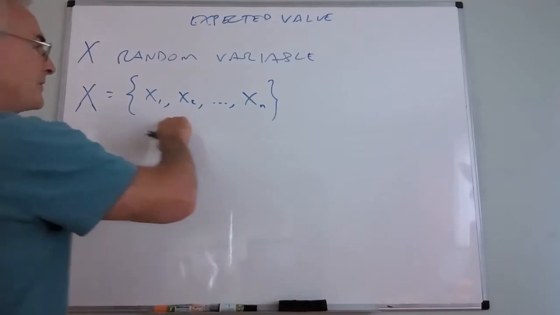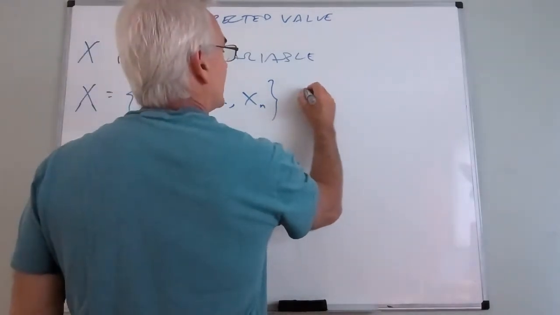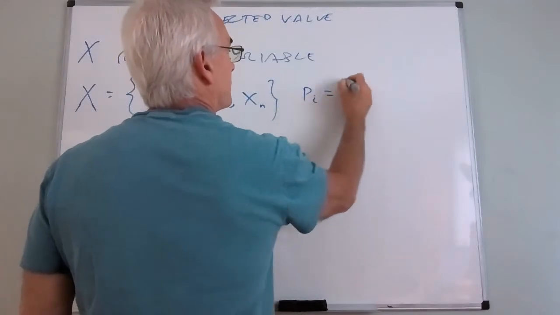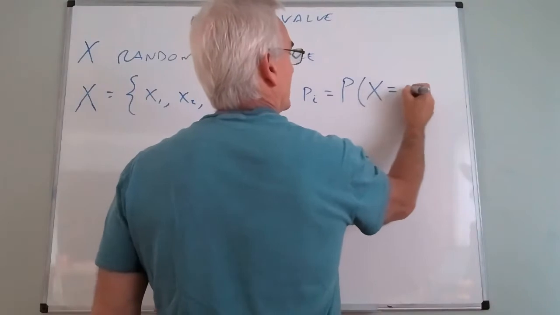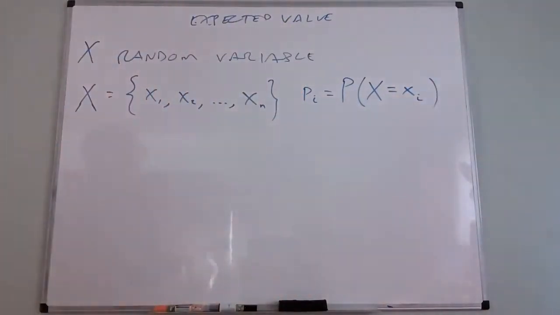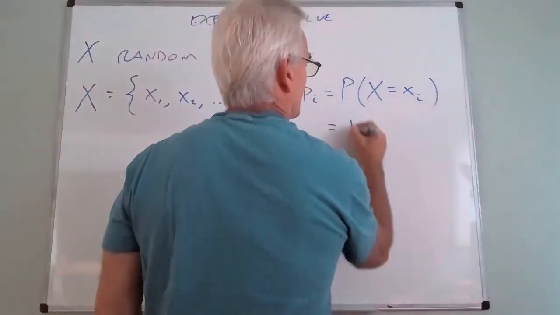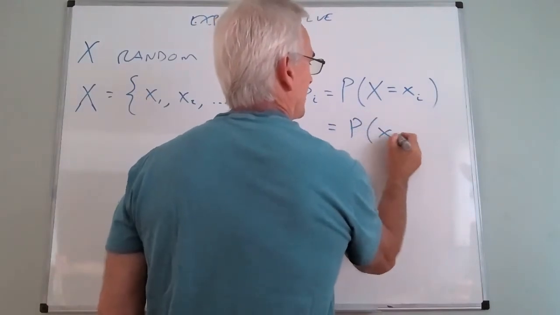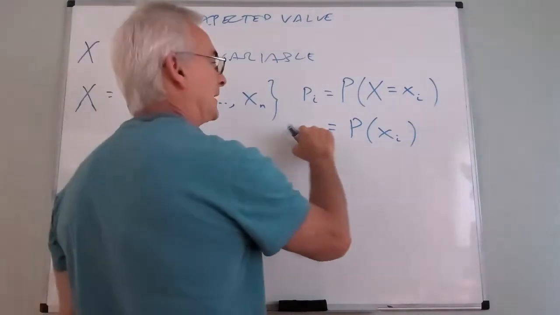So if each of these has an associated probability, let's say that little pi is the probability that my random variable takes on the value of little xi. This is the formal mathematical notation. The probability that the random variable is equal to this value, we sometimes just abbreviate it and say the probability of that individual outcome, and we'll call it little pi.